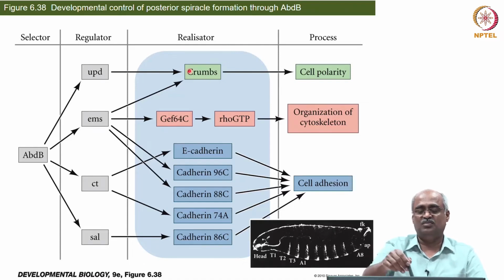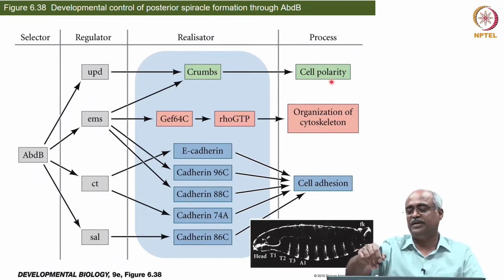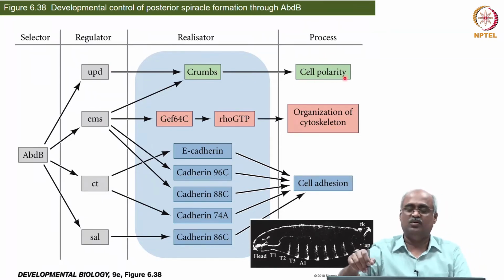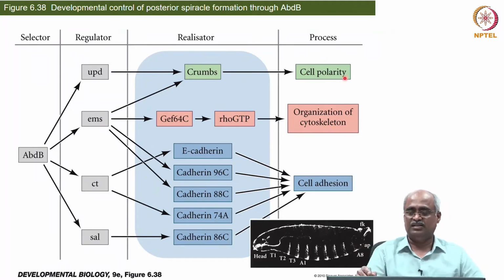For example, crumbs, activated by EMS and unpaired, is going to create the polarity of the cells. For example, in epithelial cells you have the apical-basal polarity. That sort of cell polarity is directly brought about by crumbs.